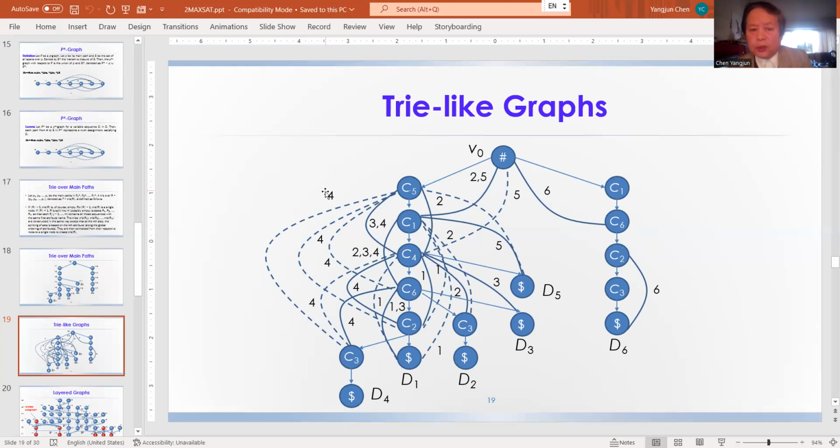For example, the number 4 associated with this spine is used to indicate that this spine belongs to the P-star graph constructed for conjunction D4. And the numbers 2, 3, 4 are used to indicate this spine belongs to 3 P-star graphs constructed for 3 conjunctions D2, D3, and D4 respectively.